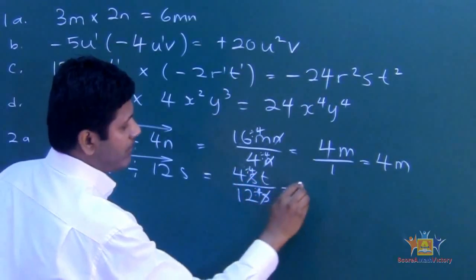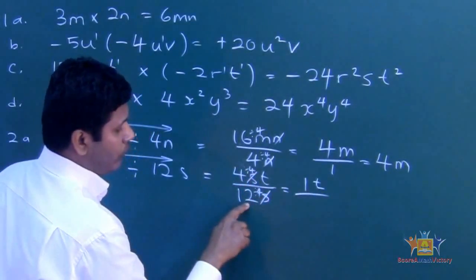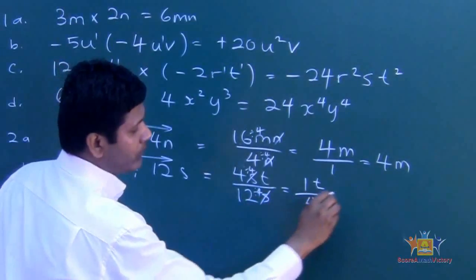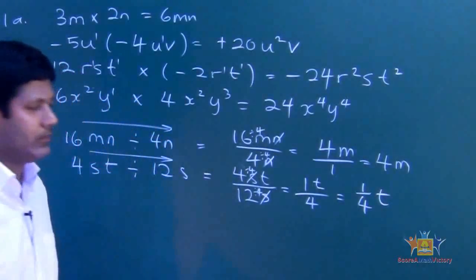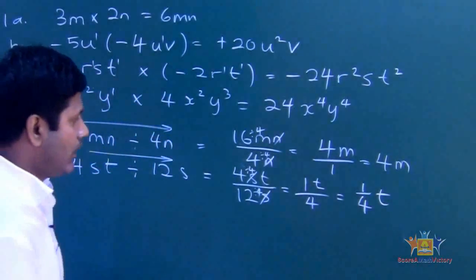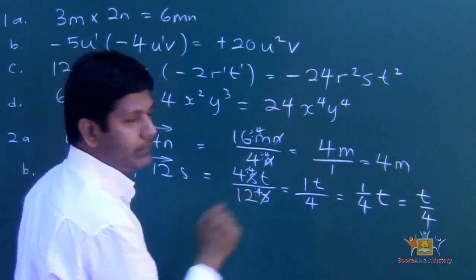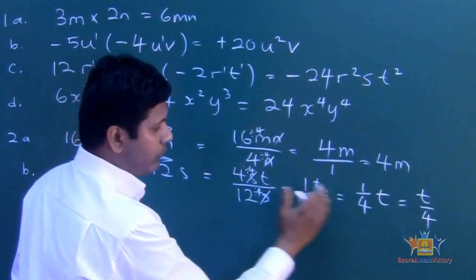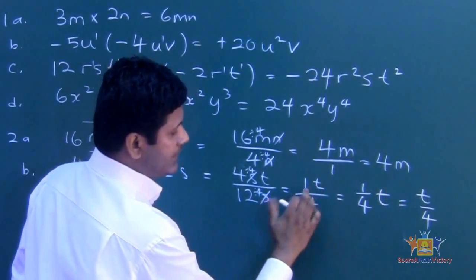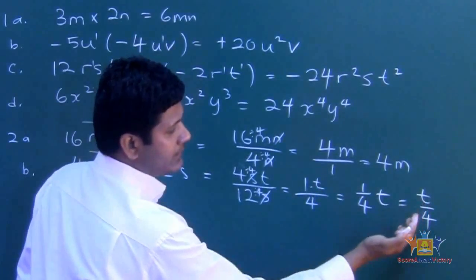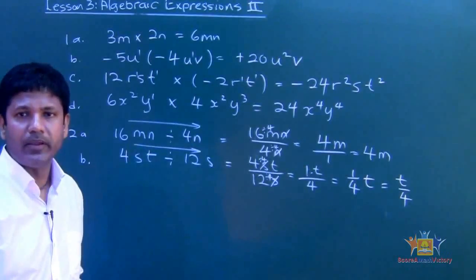That gives me 4 divided by 4 is 1. Bring the t back, there's nothing to cancel. Over 12 divided by 4 is 4. So I can write this as 1 over 4t. It's acceptable, you can do that. Or, of course, you can also leave it as t over 4. Same thing. You can take the 1 over 4 out and put the t out like that, or 1 times t is t, over 4. Either way, you can express it that way also.